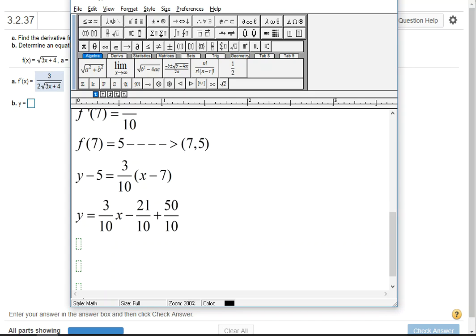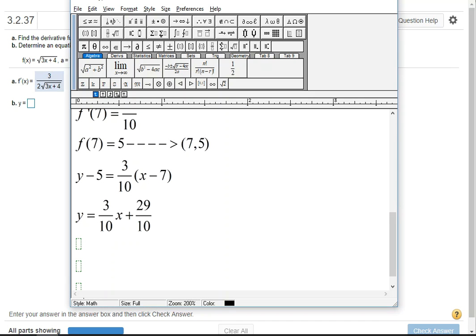So a negative 21 over 10 plus a 50 over 10 would be a positive 29 over 10. I meant to say 29 over 10.